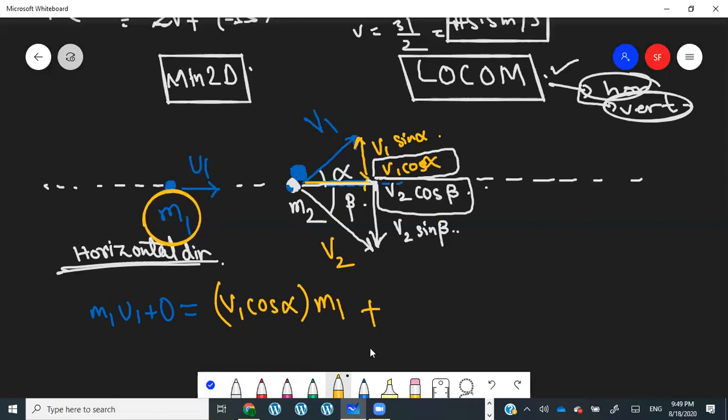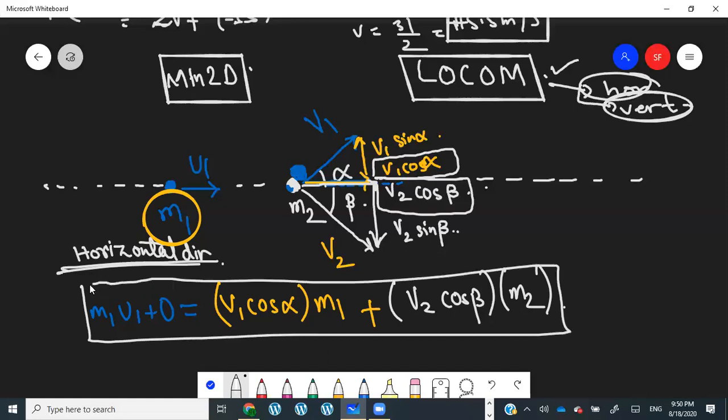Now added to that is the horizontal momentum of the white body, m2. What is it equal to? v2 cos of beta multiplied by m2. Yes, we are calculating momentum, so we have to multiply the mass and velocity, both of them. This is the equation that you get in the horizontal direction.